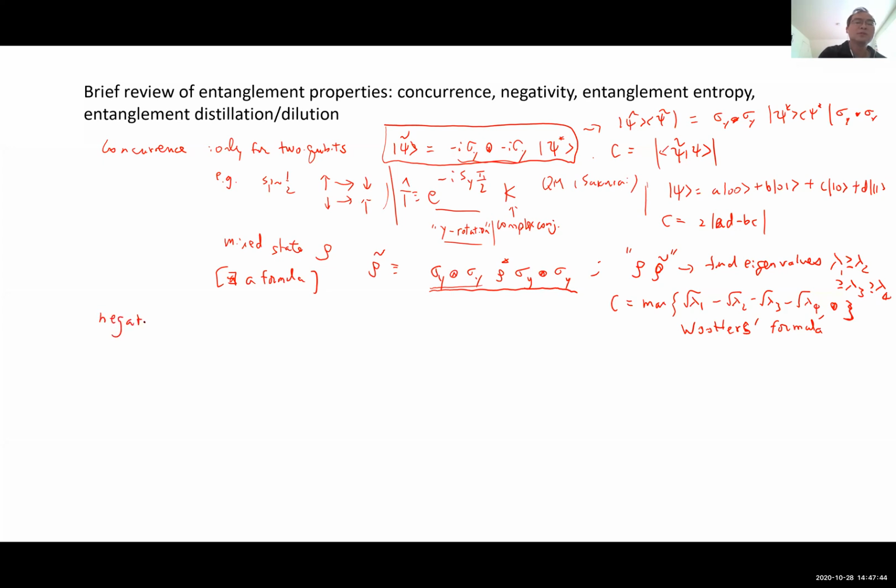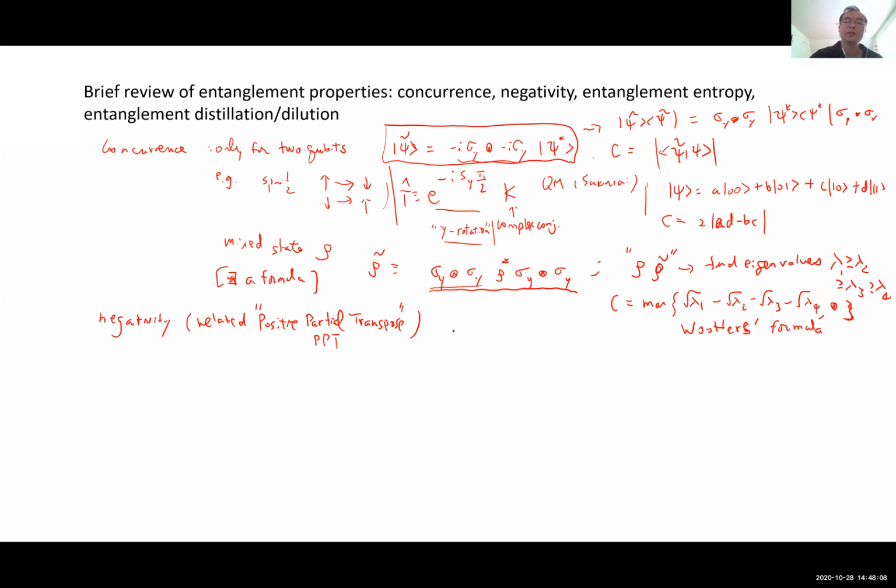Negativity is related to positive partial transpose. Maybe I should say it's the opposite of the PPT.